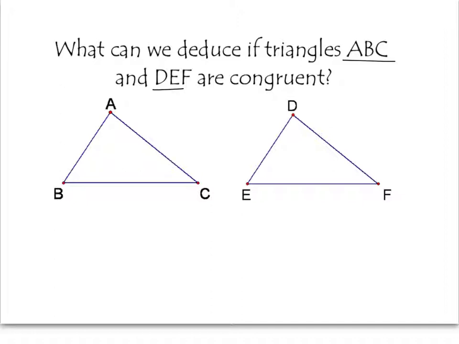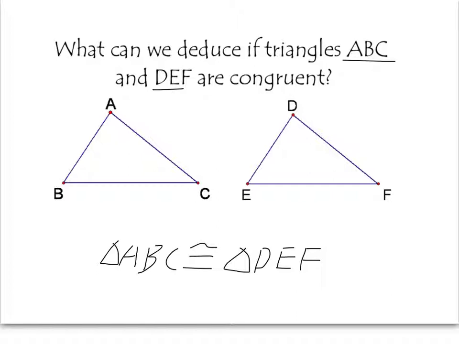So when we name that congruence, when we say triangle ABC is congruent to triangle DEF, the way you write it is important. In other words, A matches up with D, B matches up with E, and C matches up with F. So when you write a congruent statement like this, it matters the order.